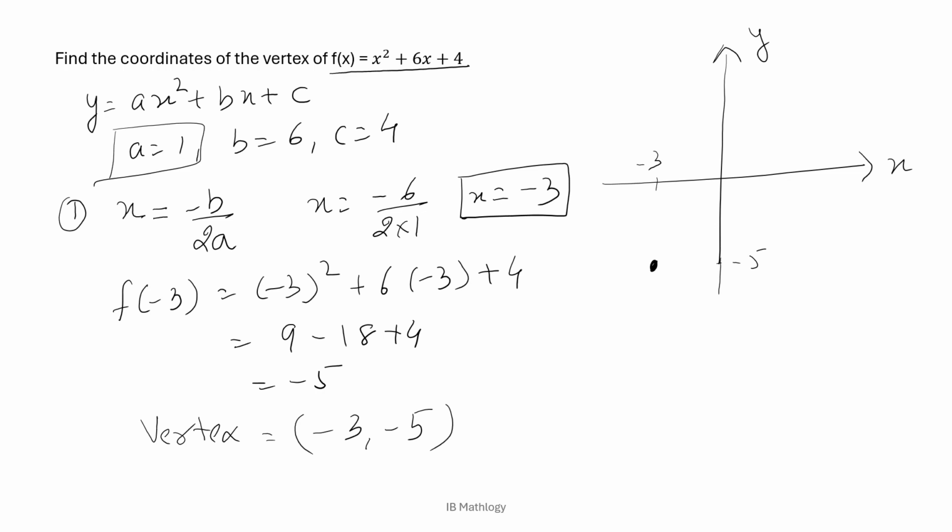So I will draw it opening upwards, passing through this vertex point, and we can find the y-intercept also later from the equation. So I can locate this like this, and this also represents the axis of symmetry, meaning my graph will be symmetrical about the vertex.